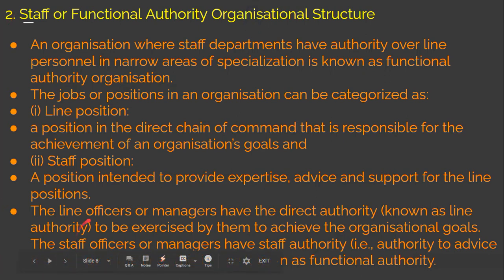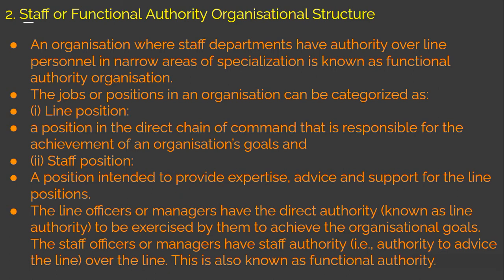Students, here the line officers or the managers have the direct authority, which is known as line authority, that is to be exercised by them to achieve the goals. Whereas the staff officers who are appointed on a specialized basis, these staff officers or managers have staff authority, and that type of authority is only giving advice and expert knowledge to line officers.